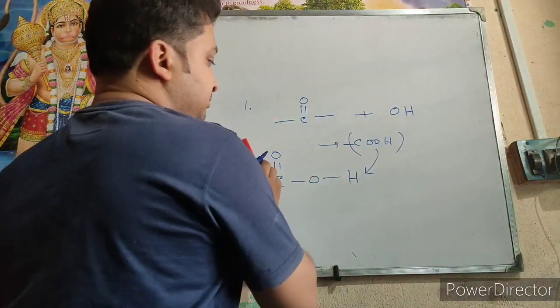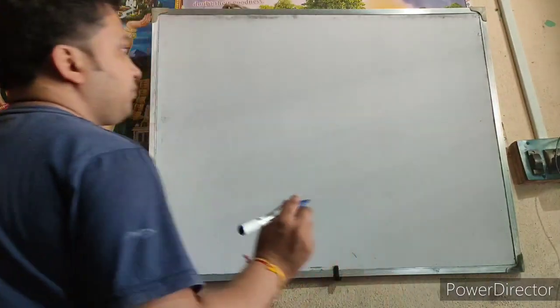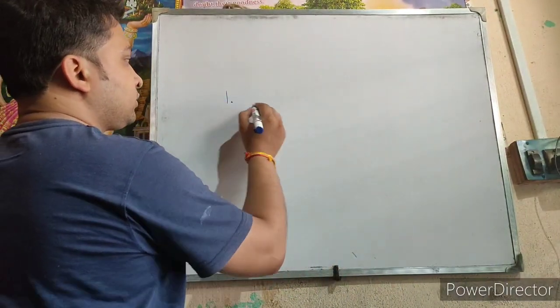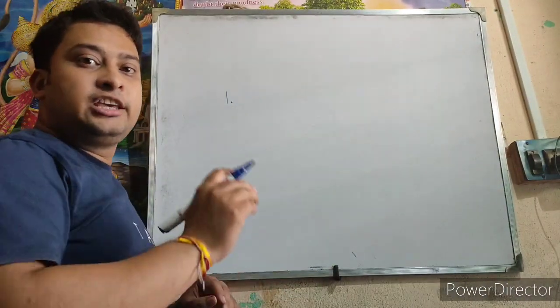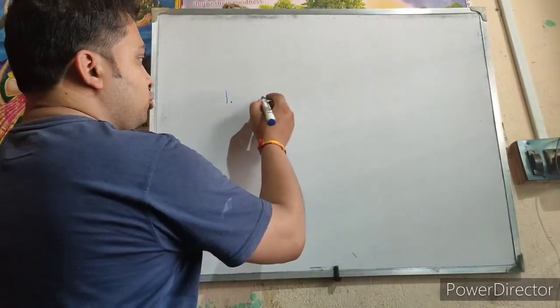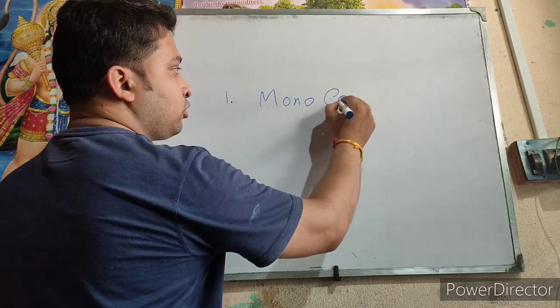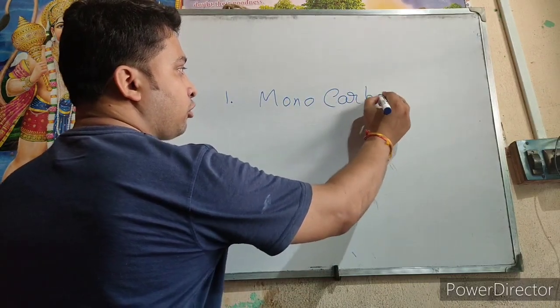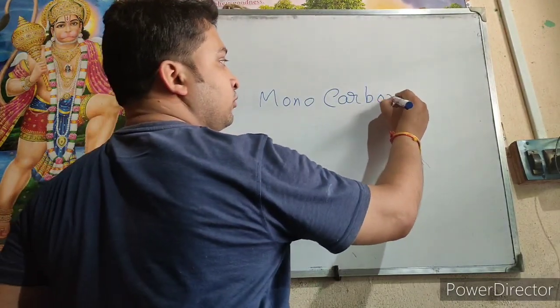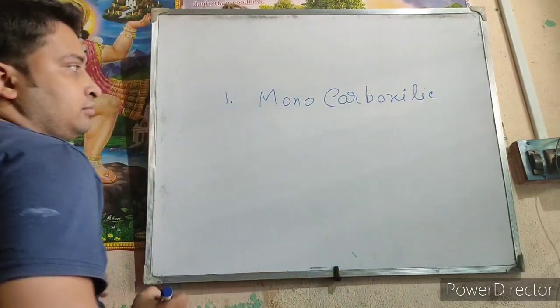Now the classification. Classification 1 is according to the presence of the COOH group. One is monocarboxylic acid.